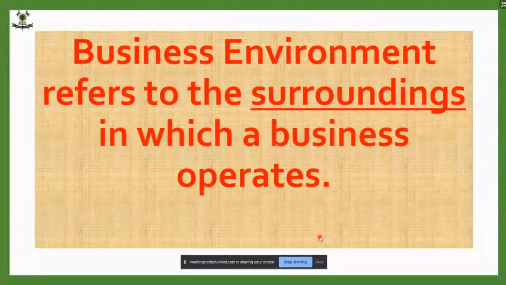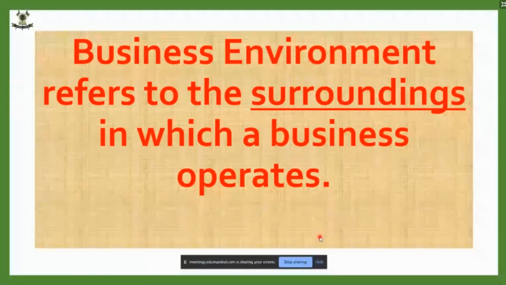It is such a big concept that if you take the organization out of the universe, whatever is left is known as business environment. So I want this concept to go into your mind very clearly, children, that anything and everything which is outside the business enterprise or organization, anything which is surrounding the business, is known as business environment.